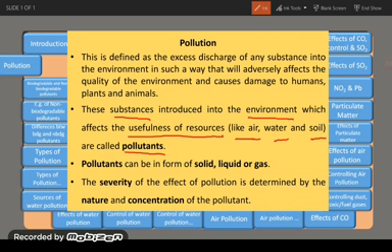Pollutants can be divided into three based on the three states of matter: solid, liquid, or gas. The extent of damage that a given pollutant can cause to man, plants, or animals depends on the nature of that pollutant, as well as its concentration, that is, its amount in the environment.